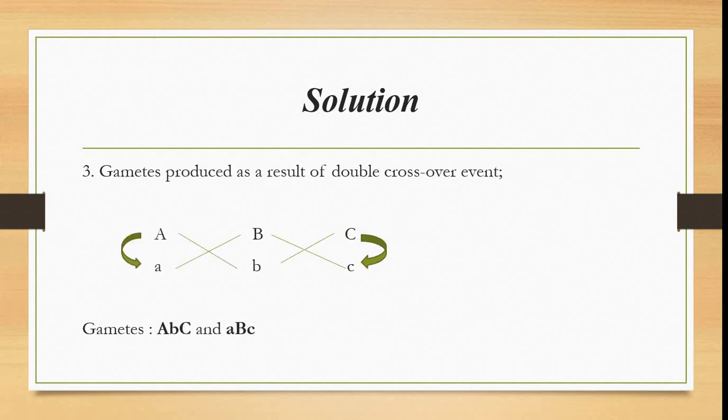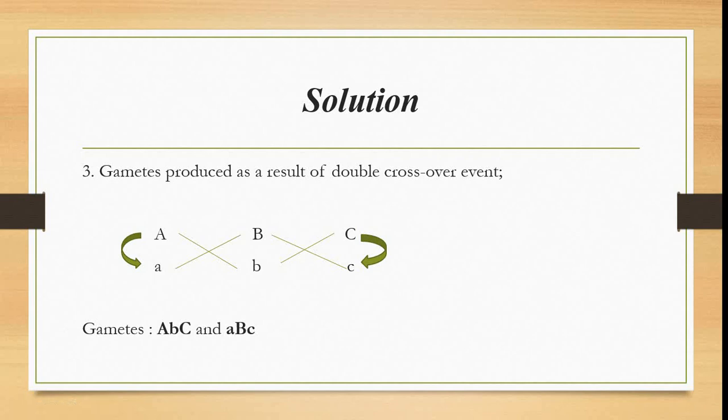Then what about the double crossover? What if there's crossing over occurring between A and B and C at the same time? From the Mendelian law of independent assortment, whatever is happening between gene A and B is independent of what's happening between gene B and C. So if there's independence, we determine what's going on here, and what's going on here, then we multiply.